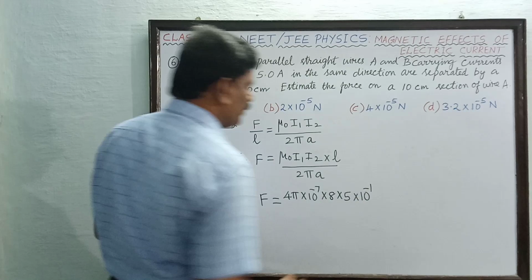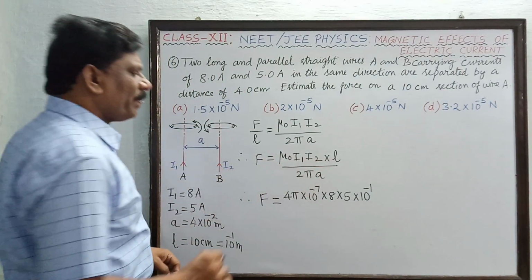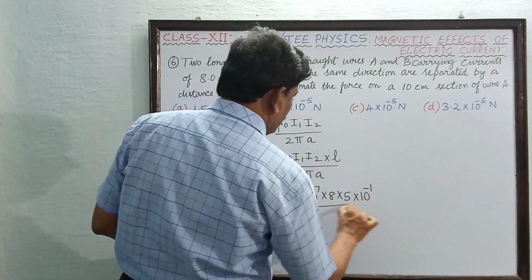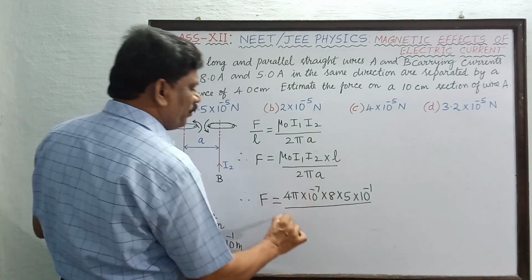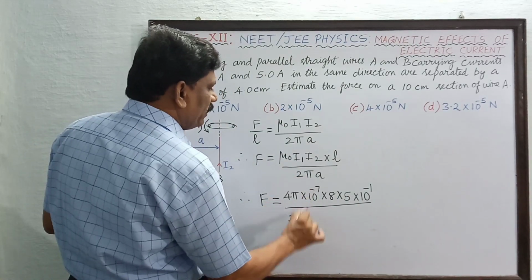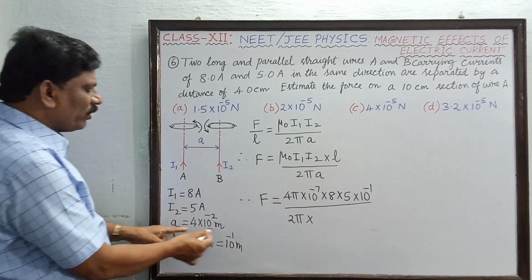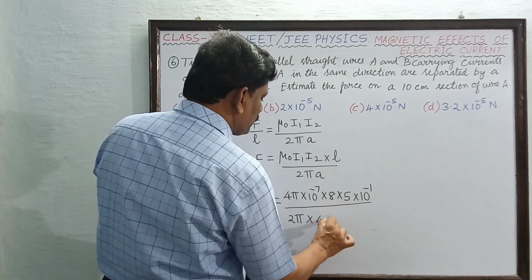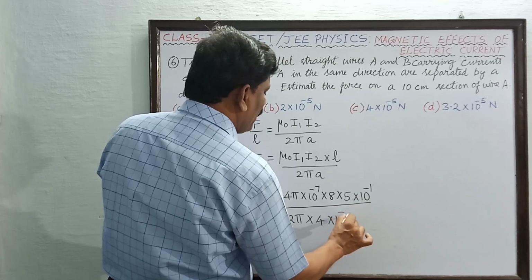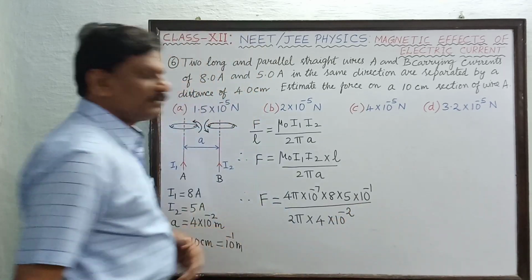So the numerator we have substituted, and divided by, in the denominator, 2 pi into A. The perpendicular distance between them is 4 into 10 to the power of minus 2.